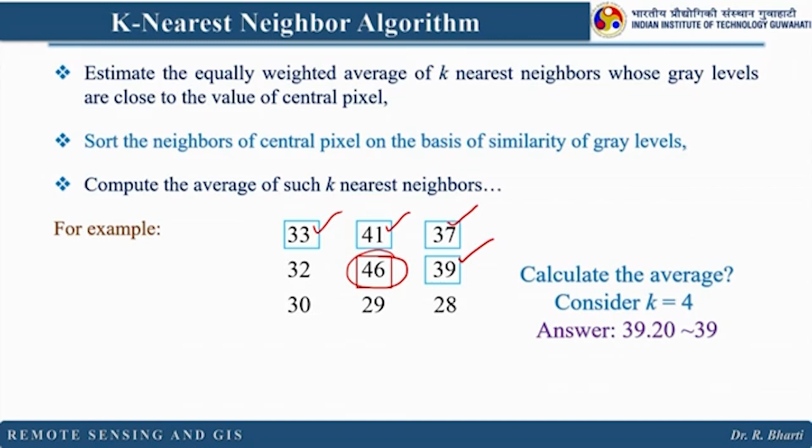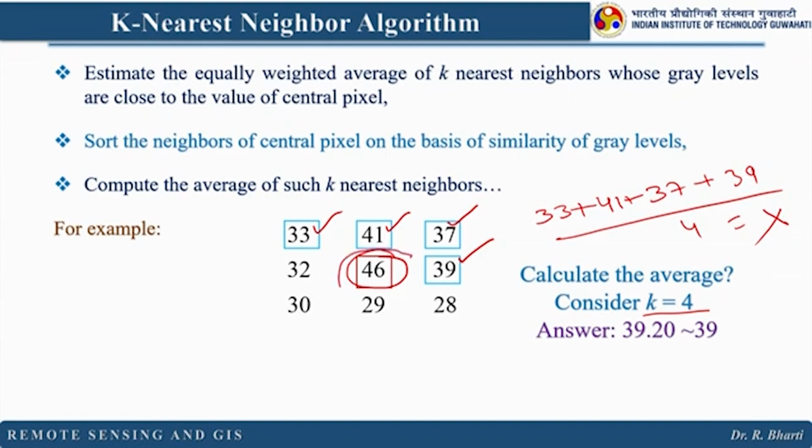But if you consider only 33 plus 41 plus 37 plus 39 divided by 4, you get some other value, which is wrong. So we have to always consider this central pixel value, then only it will be K nearest neighbor. If you consider only these values, it will not come, right.